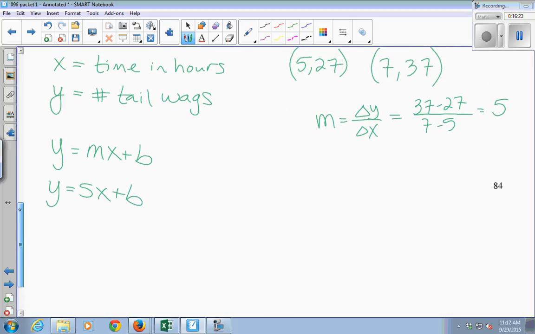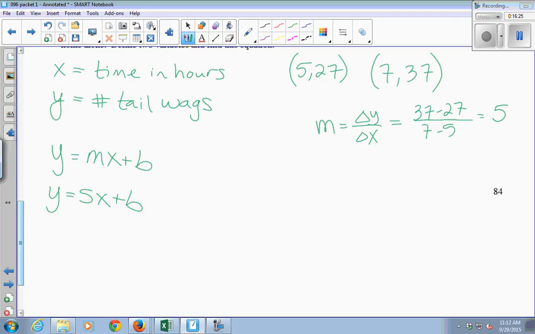You can use either point. It does not matter. You'll get the same answer for b. So I put in my 5, the x coordinate for x, and the y coordinate is 27. I replace the y with that, and I try to solve for b. So this says 27 equals 25 plus b. So b has to be 2.